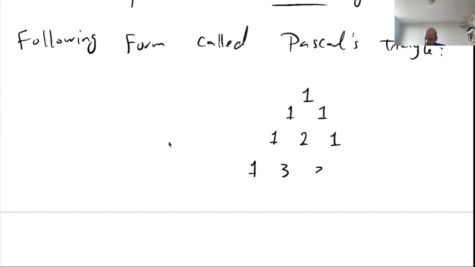And 1 plus 2 is 3. And then again 1 here. And then again 1 here. 1 plus 3 is 4. And 3 plus 3 is 6. 3 plus 1 is 4. And then again 1 here. And so on.